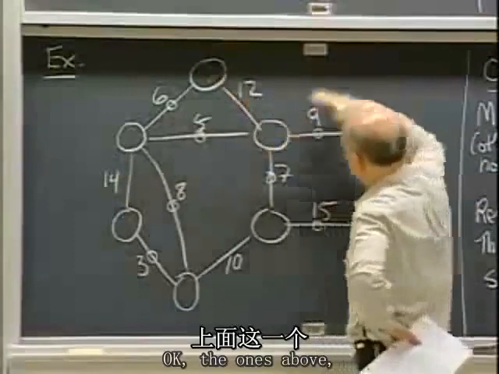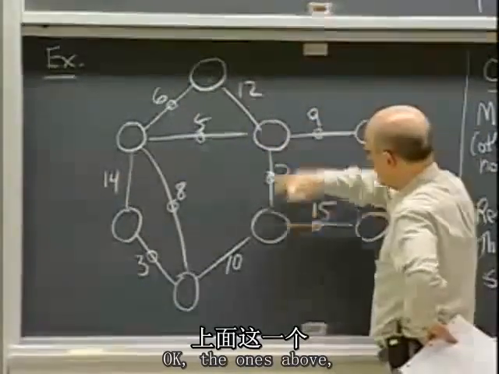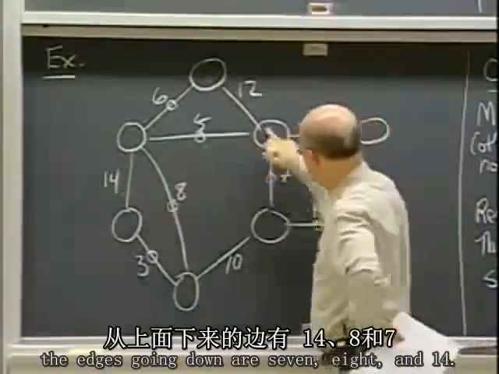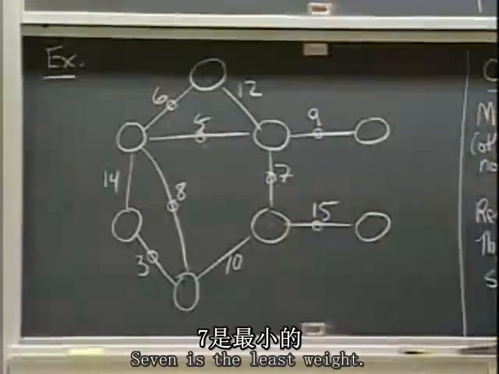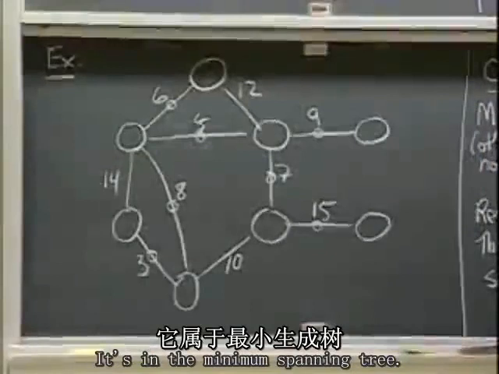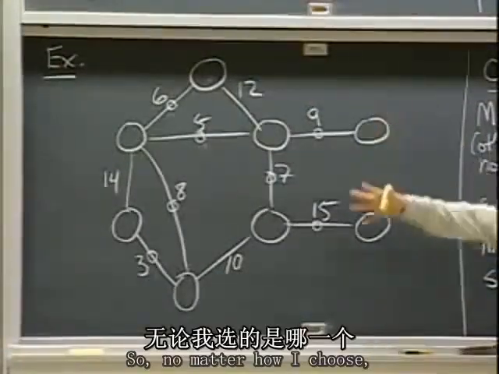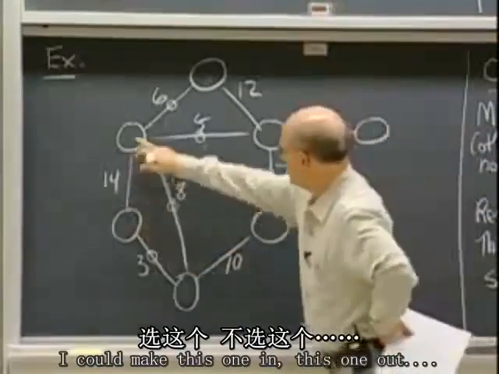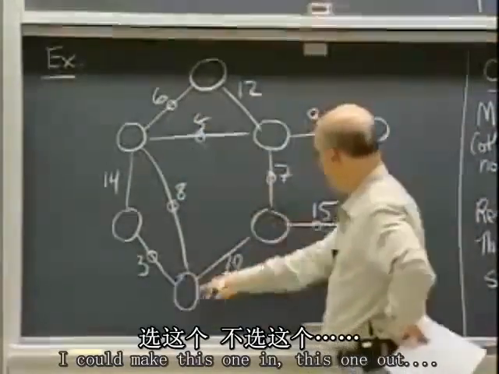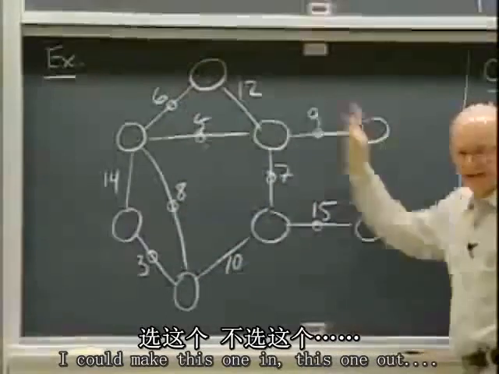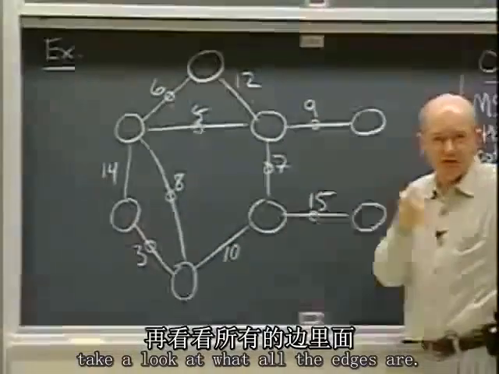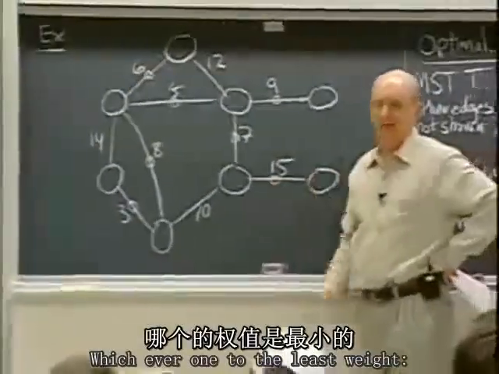The edges going down are 7, 8, and 14. 7 is the least weight. It's in the minimum spanning tree. So no matter how I choose, I could make this one in, this one out, this one in, this one out. Take a look at what all the edges are. Whichever one's the least weight, it's in the minimum spanning tree.